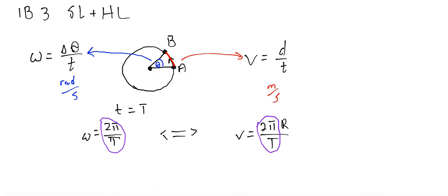Okay? So how can we write this? The link between these two is that linear speed is angular speed times the radius of the circle. Okay, and this is the first equation, which is very, very useful in the case of rotation. Okay, so if you are interested in this topic, please copy this to your notebook.